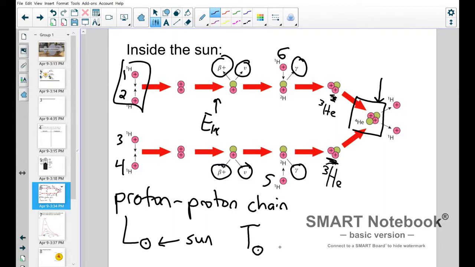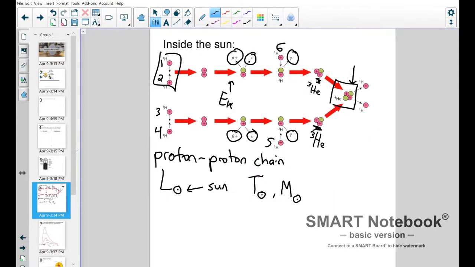Or maybe I would be talking somewhere else about the mass of the sun. Whatever quantity it is, I use that little circle with the dot in the center to label it as the sun. So in our case here, the luminosity of the sun, if I do a slightly more exact value than from that calculation sheet, is about 3.84 by 10 to the 26 watts.